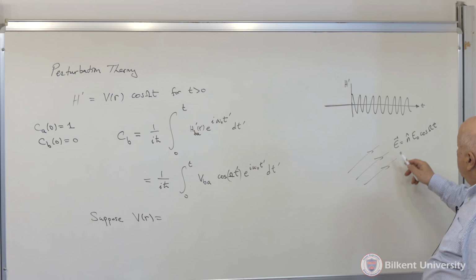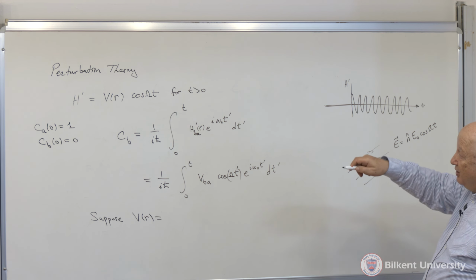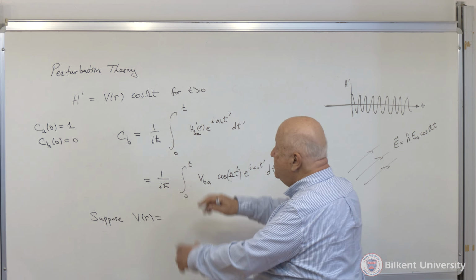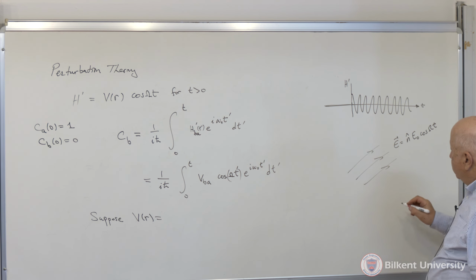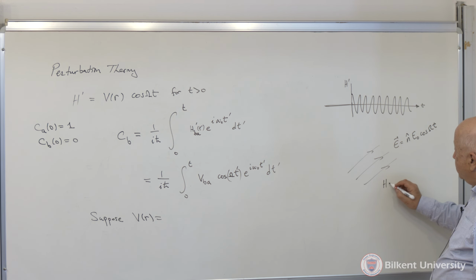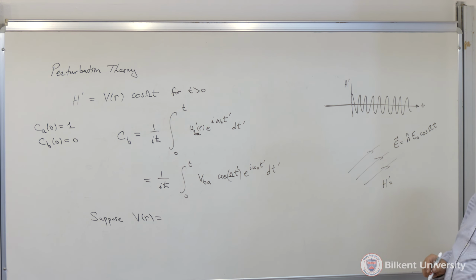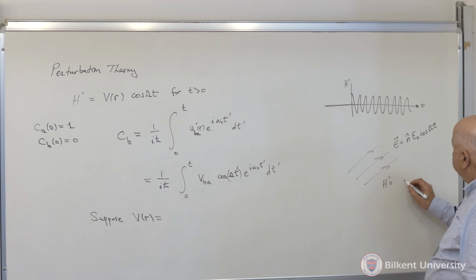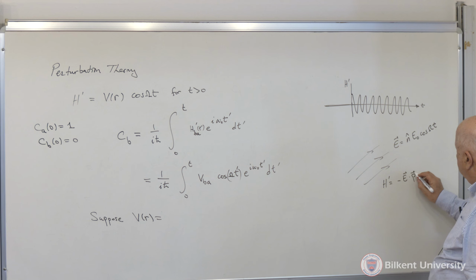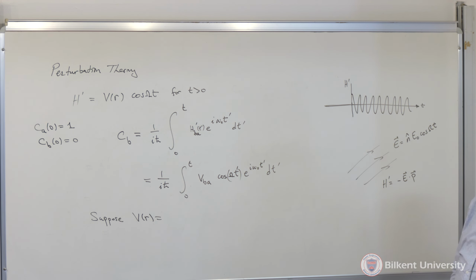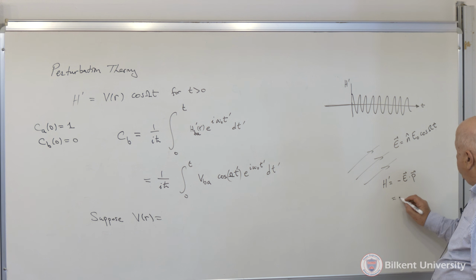All right. Now, the particle in my system has some charge e, so the H prime associated with this electric field is going to be, how do I write the energy? Minus E dot the polarization vector associated with it. So it's going to be minus E dot, electric field times r, charge is negative, electron.